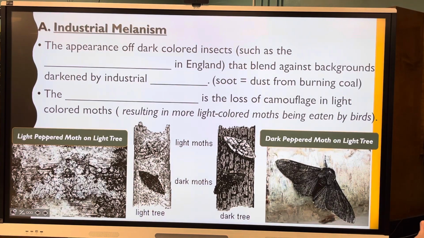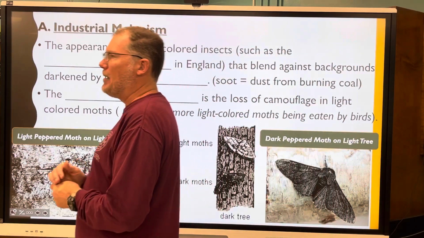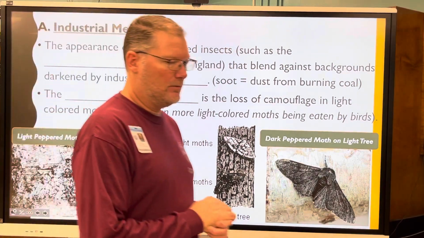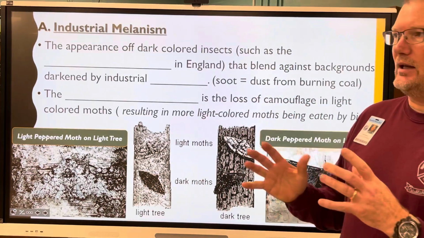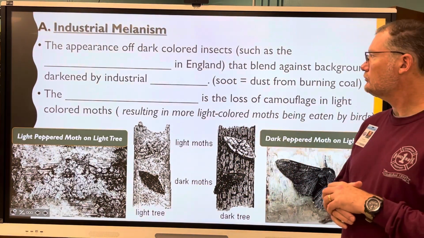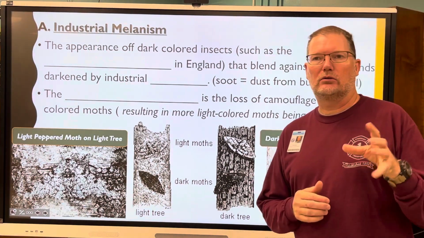And the first thing we're going to talk about is something called industrial melanism. Industrial melanism. So a long time ago, back in the Industrial Revolution, people started burning fossil fuels.